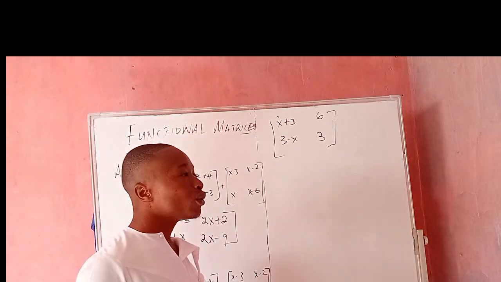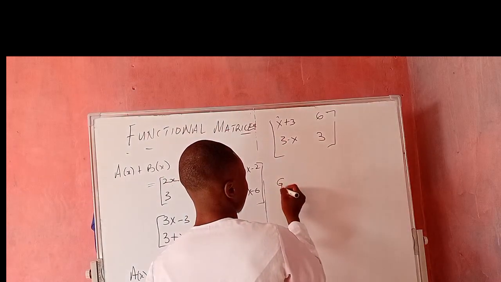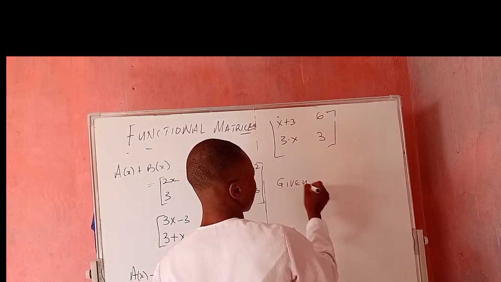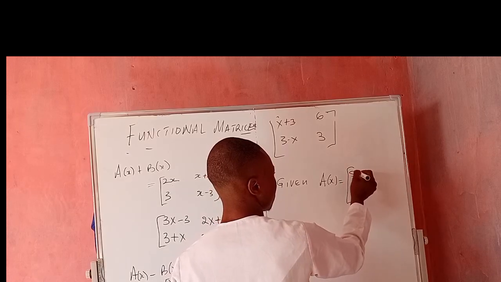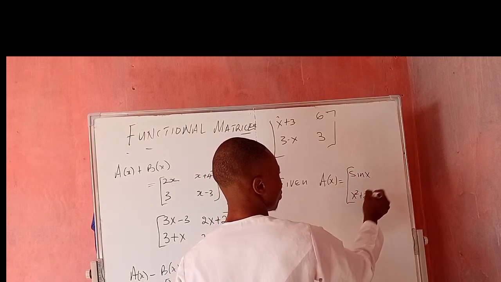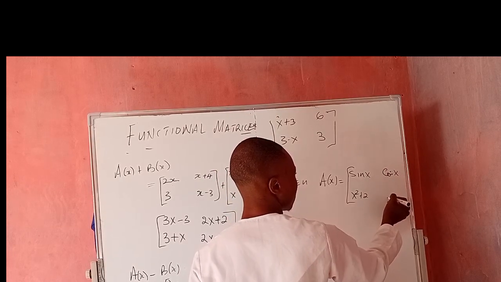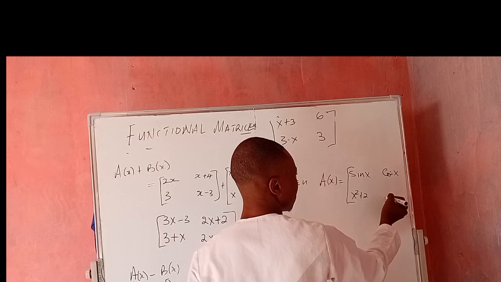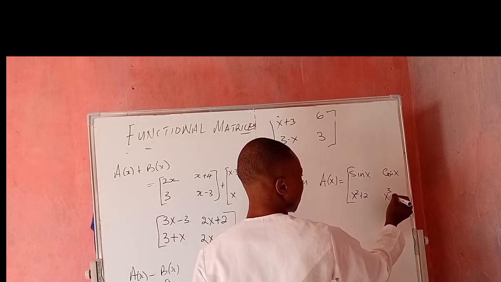So now I want us to look at a question like this. Let's say given ax equal to sine x, x square plus 2, cos x, and x to the power 3 minus 4.